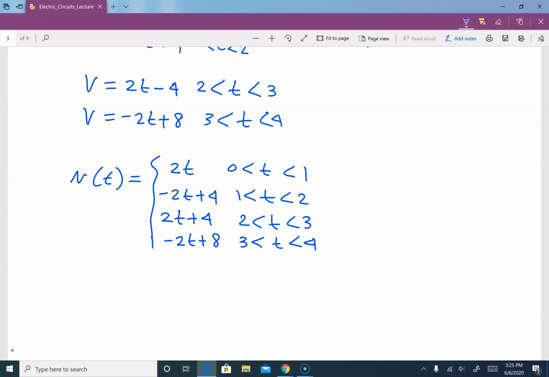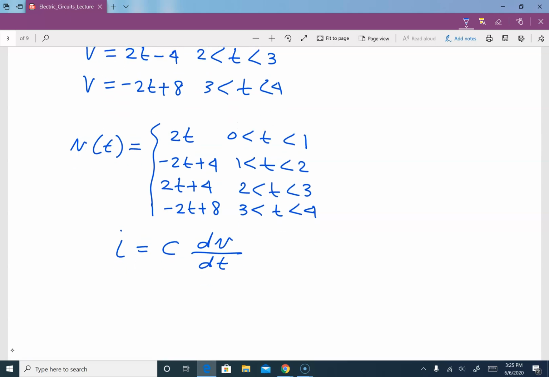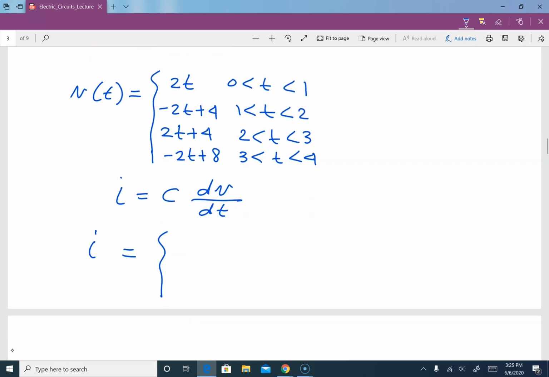So as you know, the voltage current relationship for a capacitor is I equals C dV over dt. So our I is equal to the value of C, which is 100 times 10 to negative 6, because that is the capacitance value, and then dV over dt.